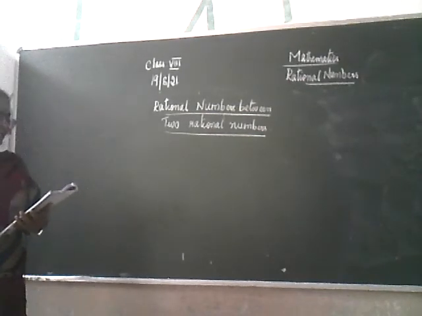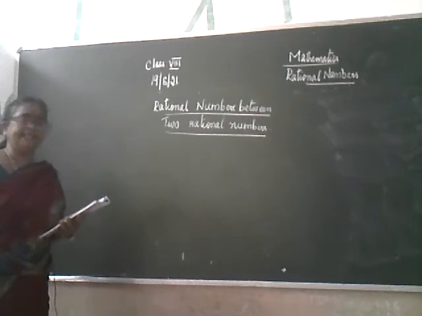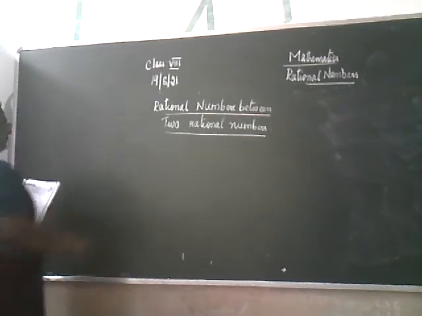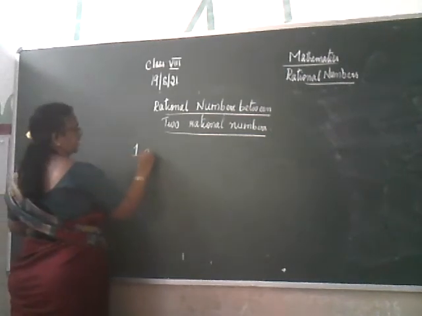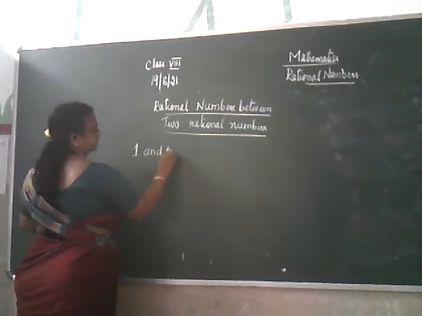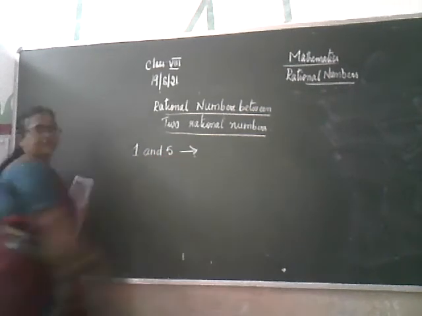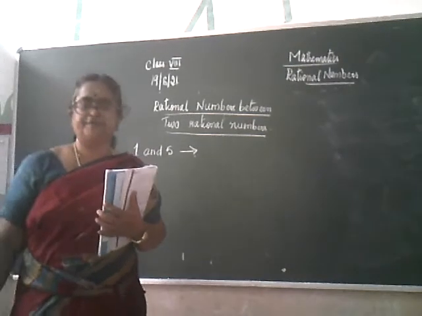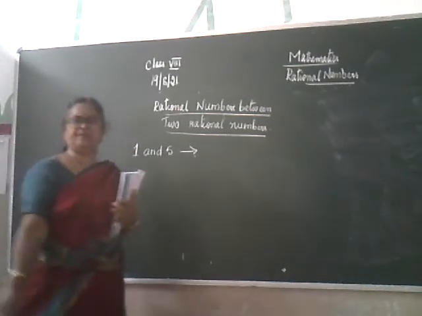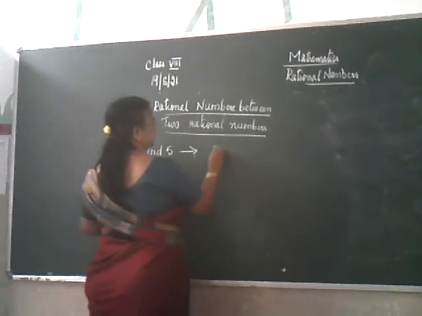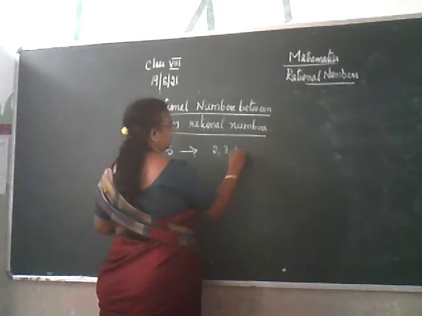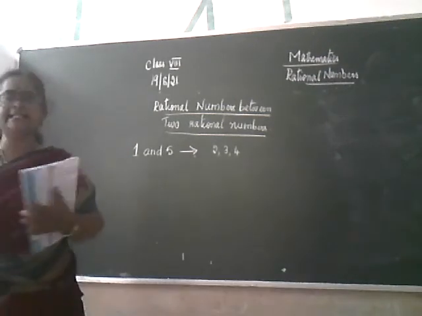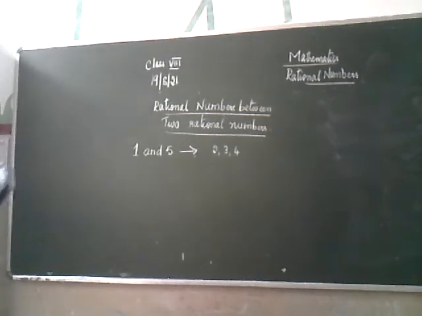So, can you tell the natural numbers between 1 and 5? Which natural numbers exist between 1 and 5? 2, 3 and 4. So, you can say there exist 3 natural numbers between 1 and 5.